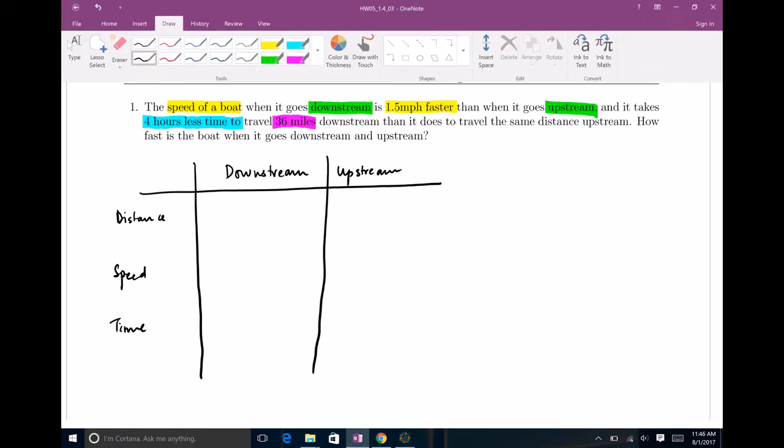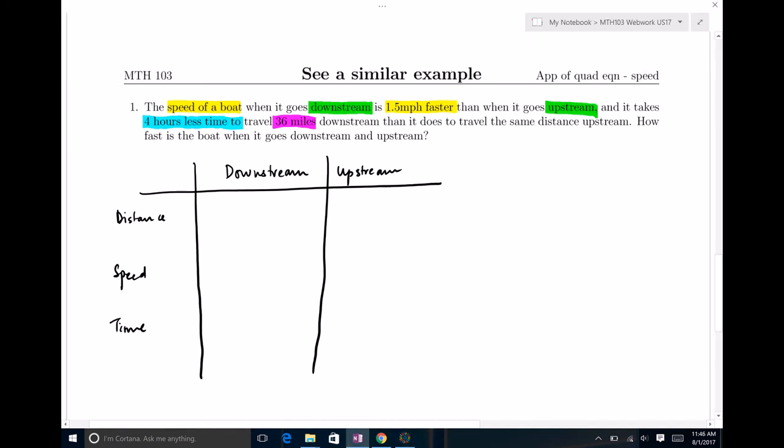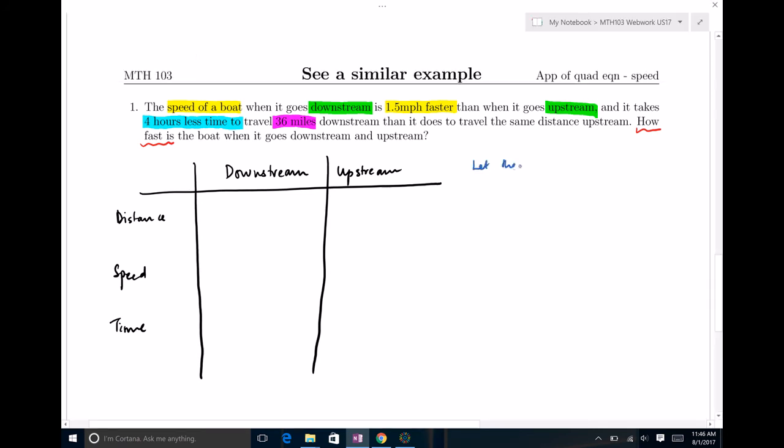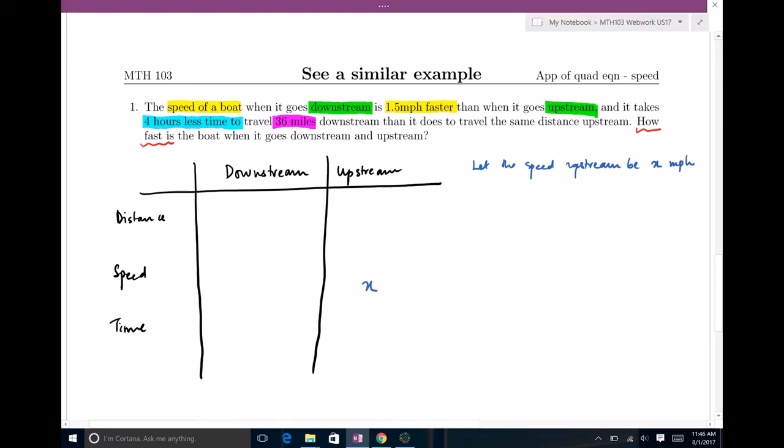Now, since the goal of this problem is to find out how fast, as in the goal is to find the speed, I'm going to say let the speed upstream be x miles per hour. That means that the speed of the boat upstream is x, so I can fill in this column over here.